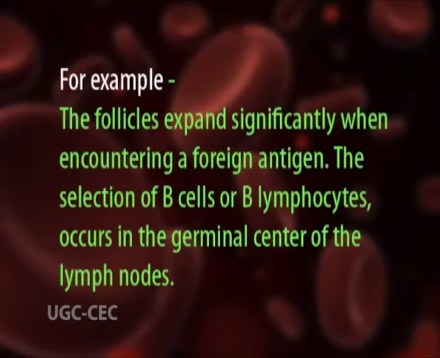A lymph follicle is a dense collection of lymphocytes, the number, size, and configuration of which change in accordance with the functional state of the lymph node. For example, the follicles expand significantly when encountering a foreign antigen. The selection of B cells or B lymphocytes occurs in the germinal center of the lymph nodes.